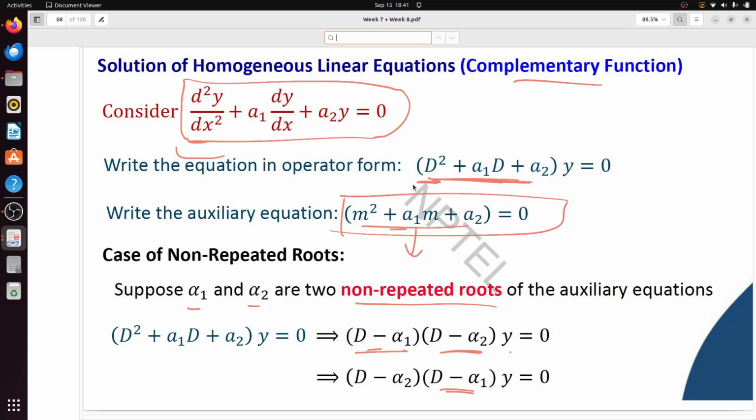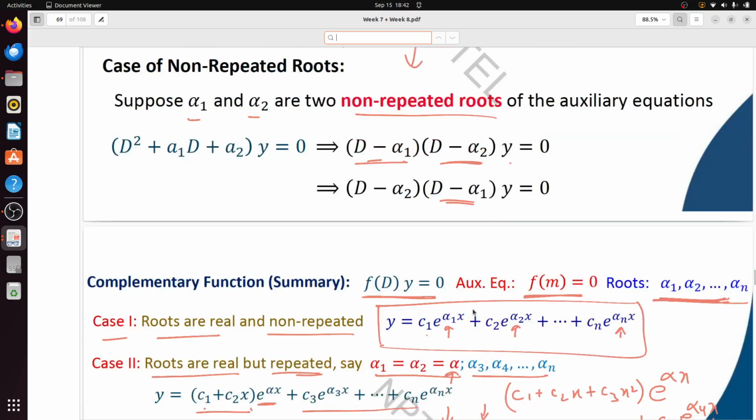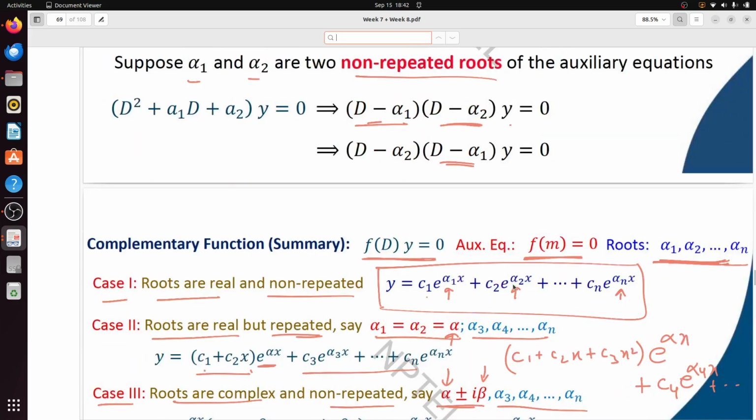Now if there are two roots, m1 and m2, this is a quadratic equation, and those two roots are non-repeated roots, then you need to just write down what the solution will be.